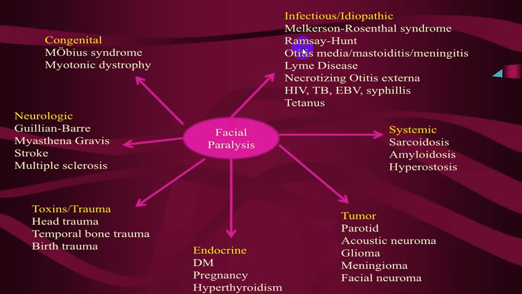Among infection, otitis media, Ramsay Hunt very common. Also necrotizing otitis externa can produce damage, Lyme disease, etc. And traumatic injury, temporal bone fractures or birth trauma, can produce facial palsy depending upon where the damage is.